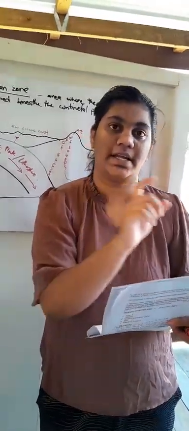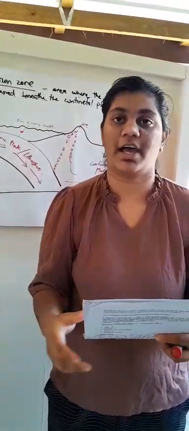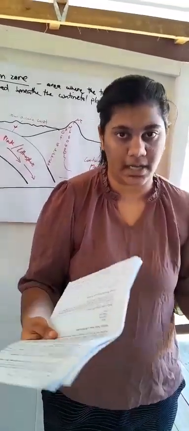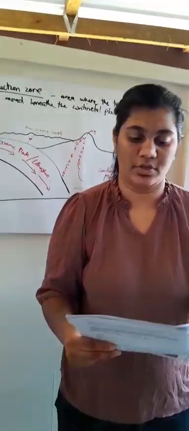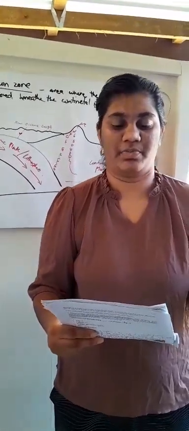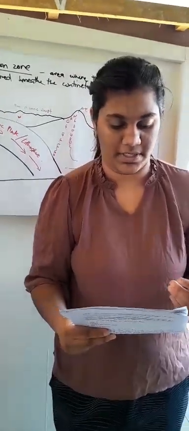The countries that lie on this Pacific Rim of Fire are, this will help in your mapping, it can come in your mapping in exams: USA, Indonesia, Canada, Guatemala, Mexico, Japan, Russia, Peru, and Philippines. I hope you're writing and making notes.